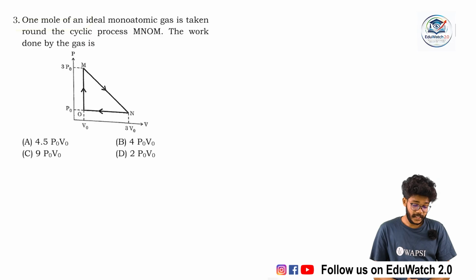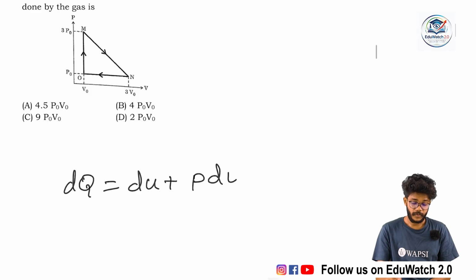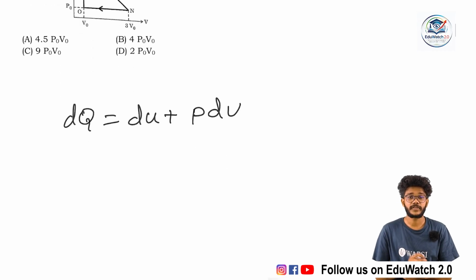The work done by the gas. By the first law of thermodynamics, we know that dQ is equal to dU plus PdV. What does this equation mean? The total heat is given to change the internal energy and to do the work. The first term represents the heat supplied by ourselves, and dU is the change in internal energy.